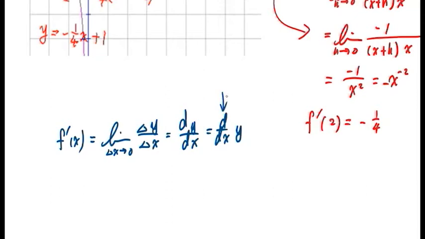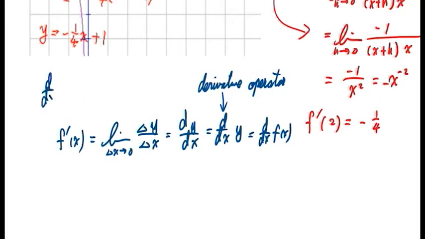So this is now a derivative operator. So whenever you see that, we can actually write it this way as well. If I say something like this, it means take the derivative of sine x. You get it? So that's our notation now.